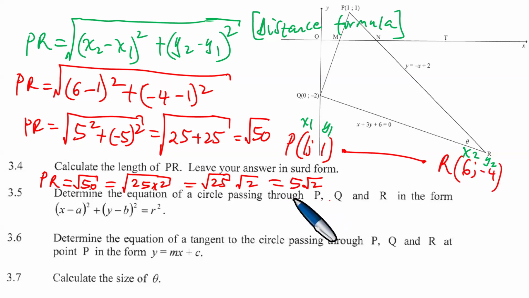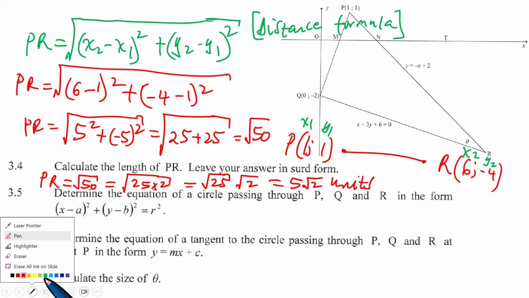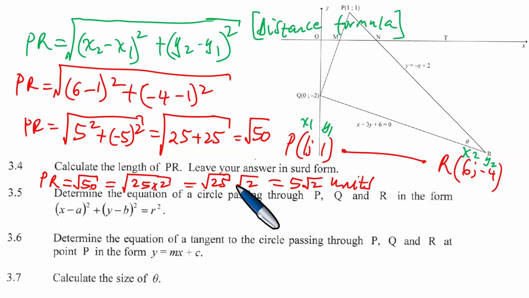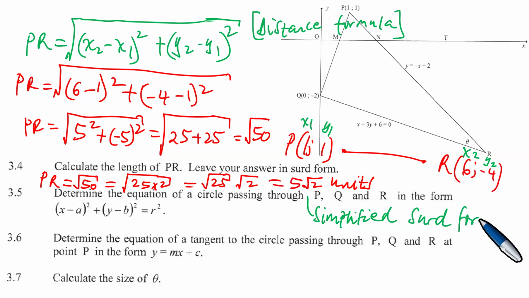This gives us, in simplified surd form, the length of PR, which is 5 square root of 2 units. This is what we have.